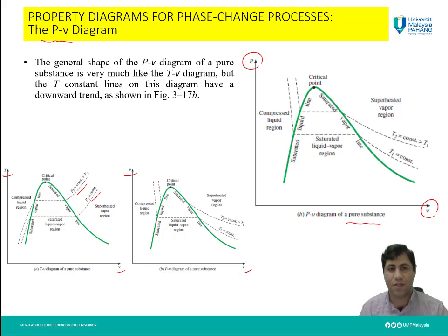But here, this dashed line is for constant temperature. And if you notice here, the direction is different. The constant pressure lines trend downward, but here the trend of the line is upward. This is the only difference between the TV and PV diagram.